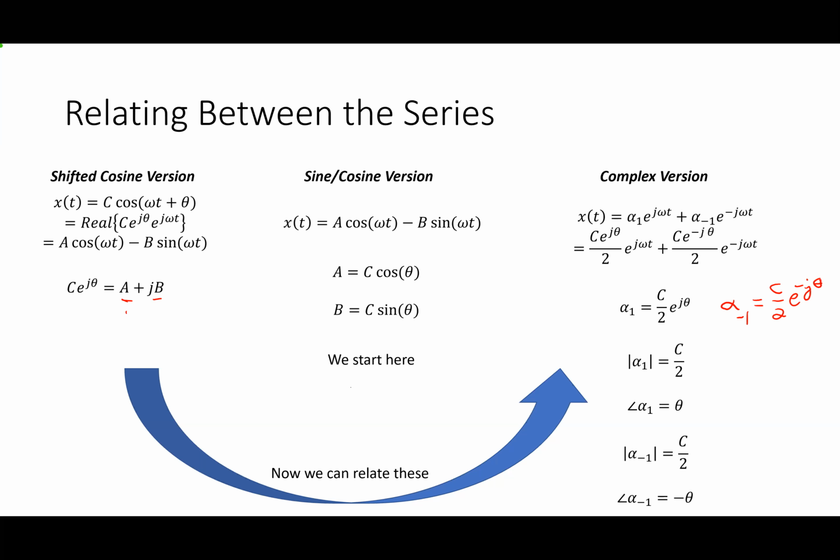It's the complex conjugate. Right? So now that I know C e to the j theta, I can very easily get to my alphas. Once I have one of them, I can easily relate them back and forth via all the equations that are on that slide.